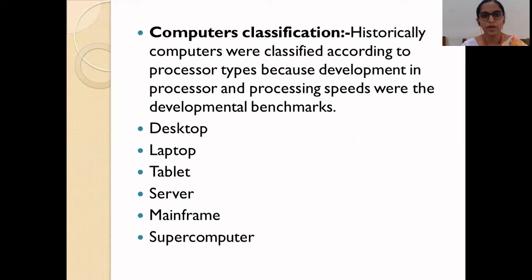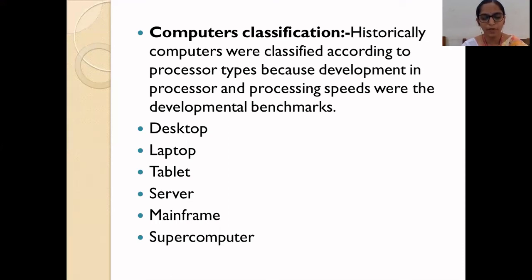Historically, computers were classified according to processor types because developments in the processor and processing speed were the development benchmarks. However, vacuum tubes were replaced with transistors and then chips, so size decreased and processing speed increased as per the classification or generation.